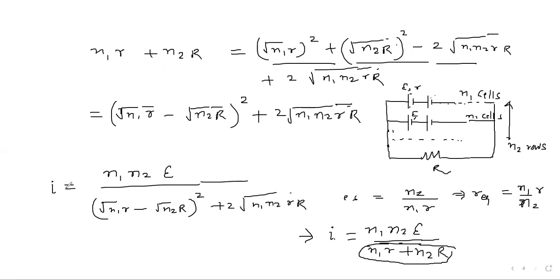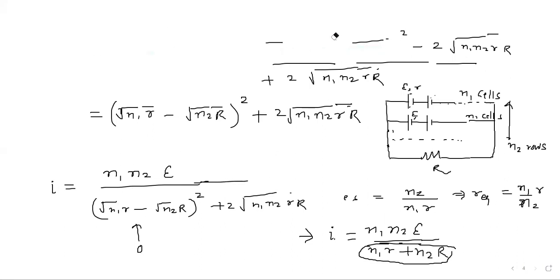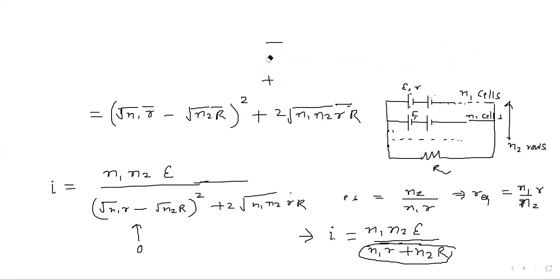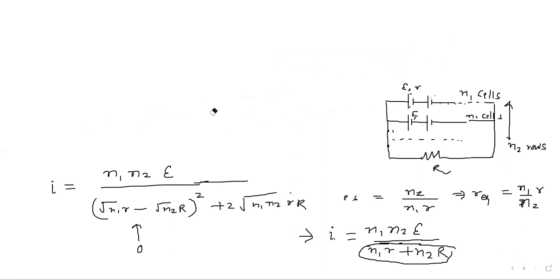Now, for maximizing the current, if this term becomes 0, then the current will be maximum. So we can put it equal to 0, and on putting it equal to 0, we will get the relation, and that will give the required answer.